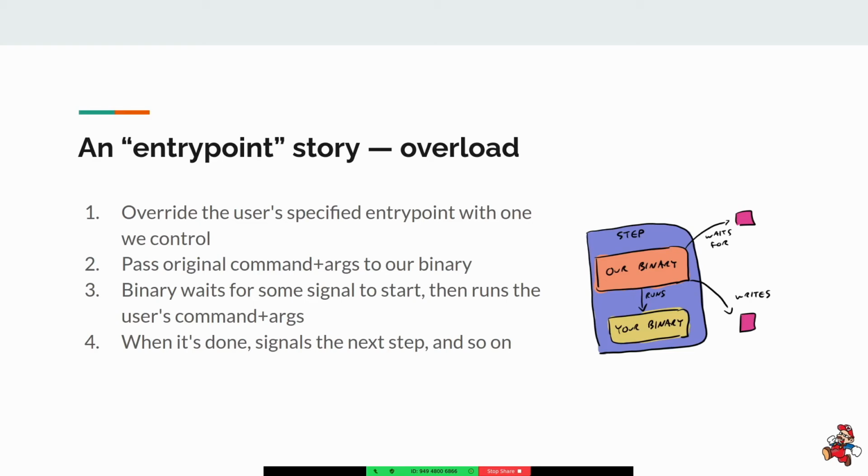So in the normal flow, if the command failed, we will write that it's an error, and the next step's entry point will know that the previous step failed and skip, and so on for all the other steps. So this is how the entry point works. If you're interested in digging more, I'll let you watch the talk after.